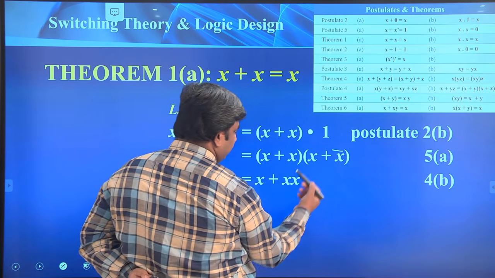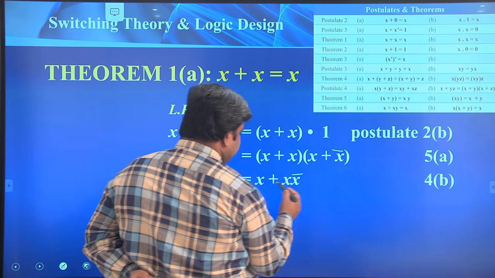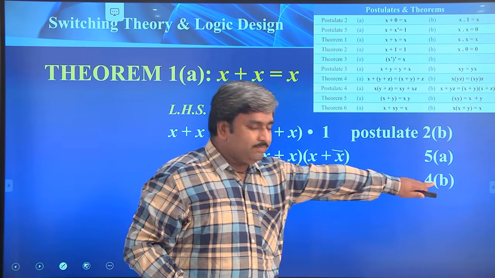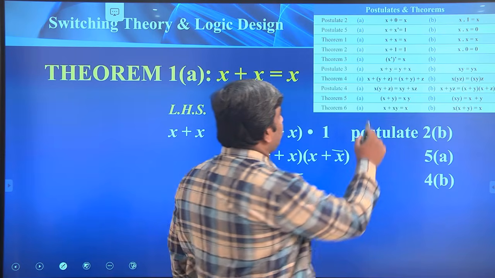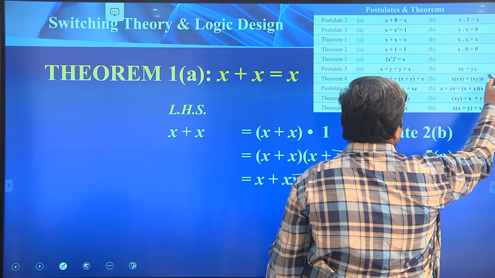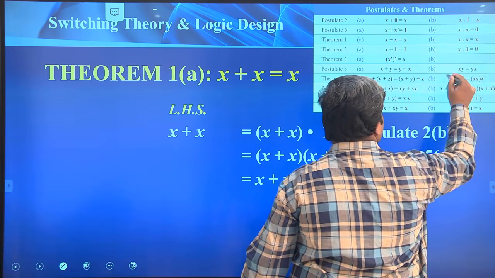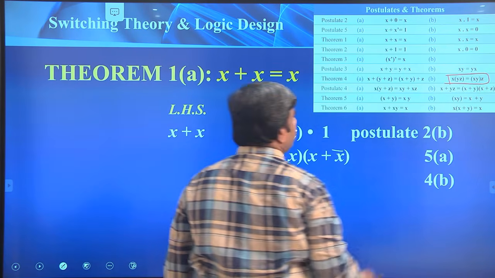After multiplying, you will get x plus x x bar, from postulate 4b. So this is the property of 4b.